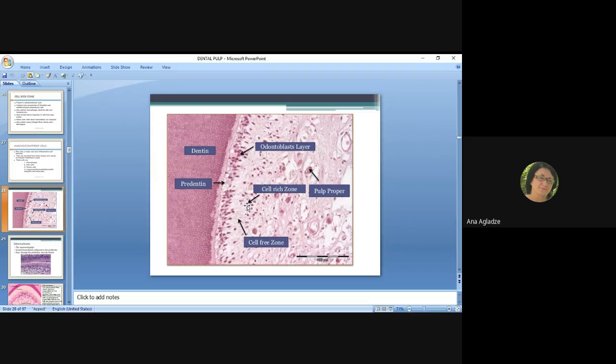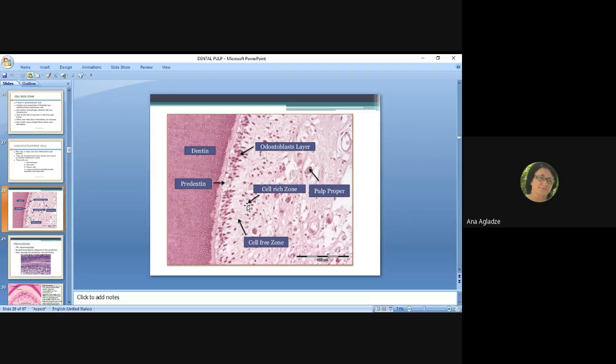What does it mean, polarized? They have junctional complexes, and these form their basal end and apical end. And you know that release of dentin takes place from the apical end of the odontoblast, where cell processes are located in the tubules. Then there are a few organelles in the odontoblast process, which instead contains abundant microfilaments and tubules that lie parallel to the long axis.